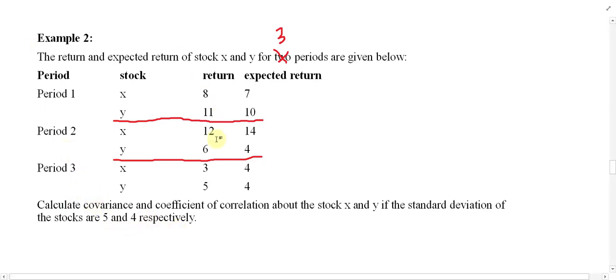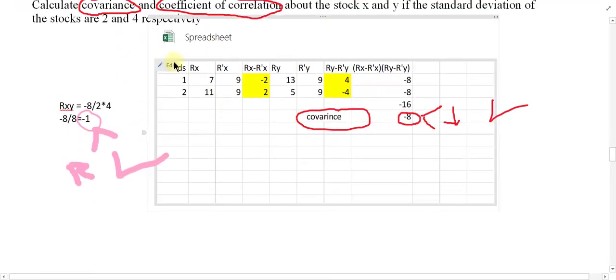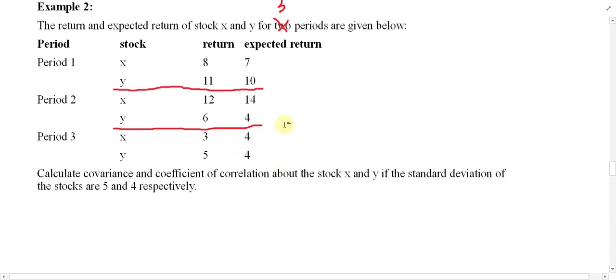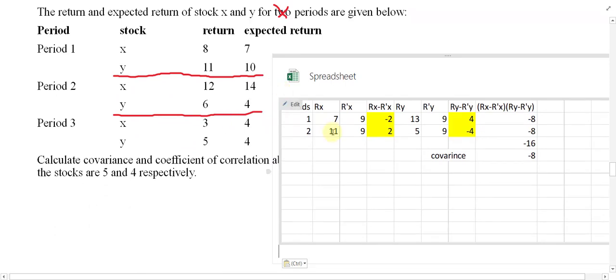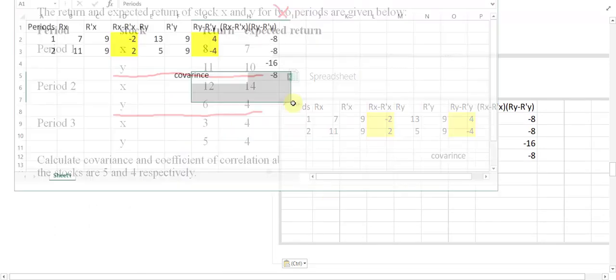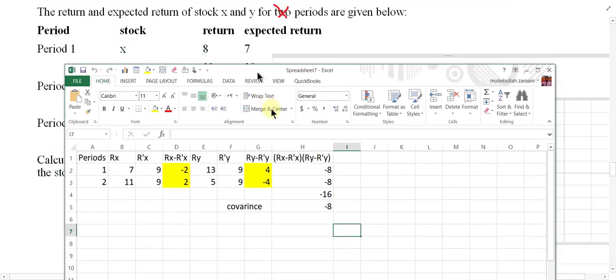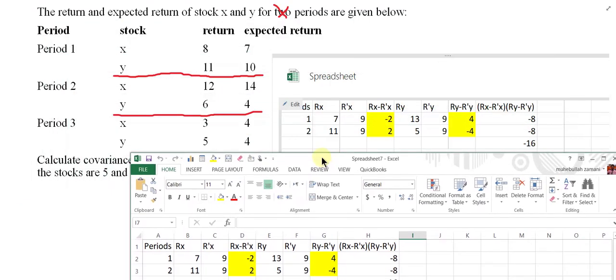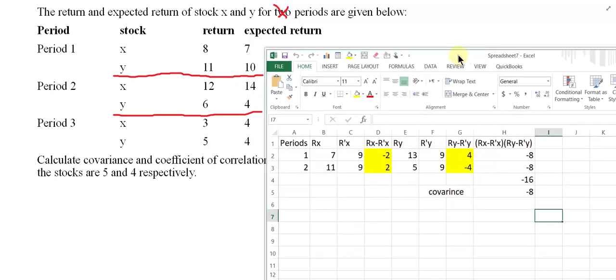It is the same as the previous example, but we have only one period fewer. So we can copy the previous Excel file and paste it here, and simply edit the formula. The rest of the thing is the same, so why should we not use the same one?